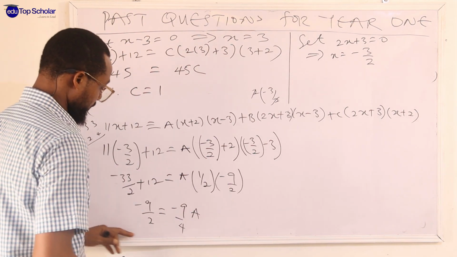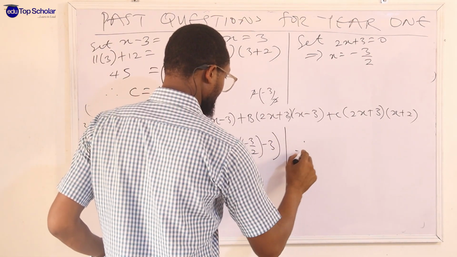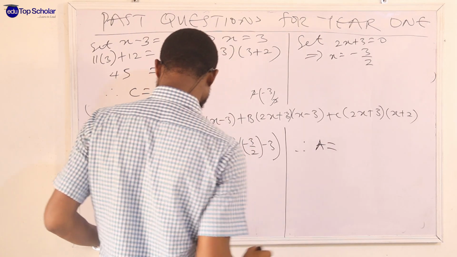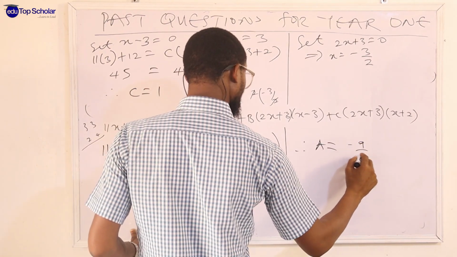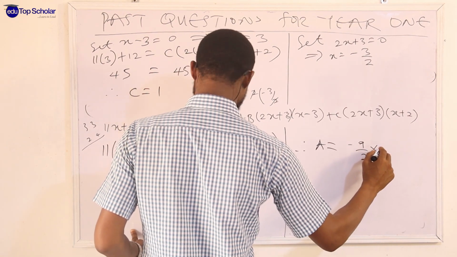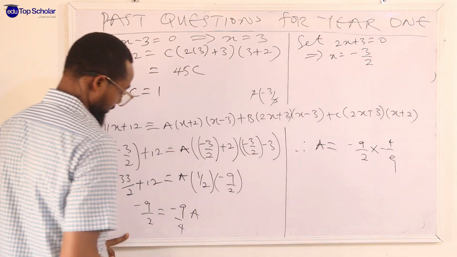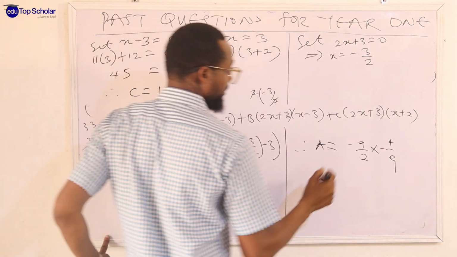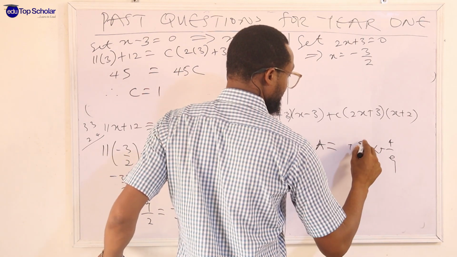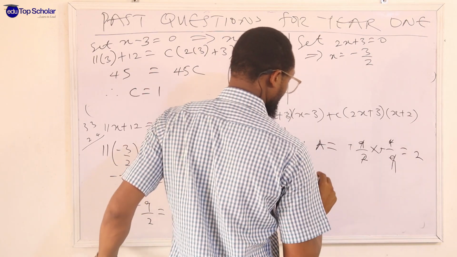And that will give us, therefore, a here will be minus 9 over 2 multiplied by minus 4 over 9. This will go further to have 2. Therefore, our a is equal to 2.